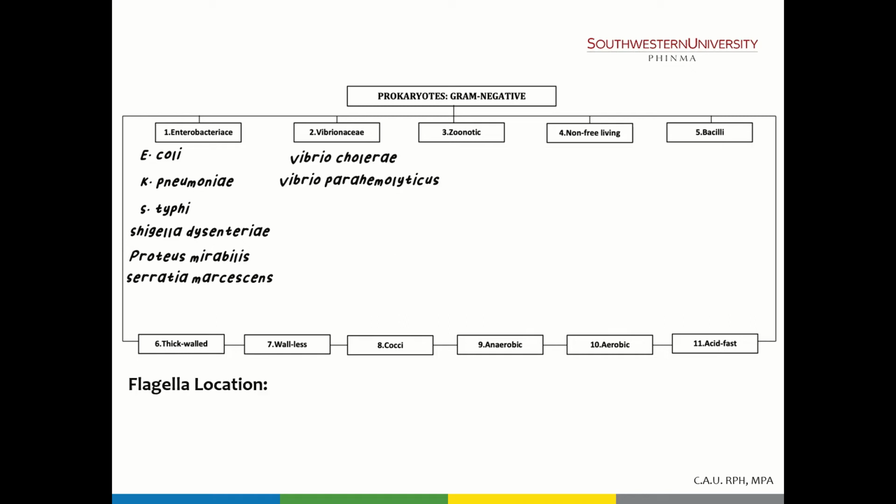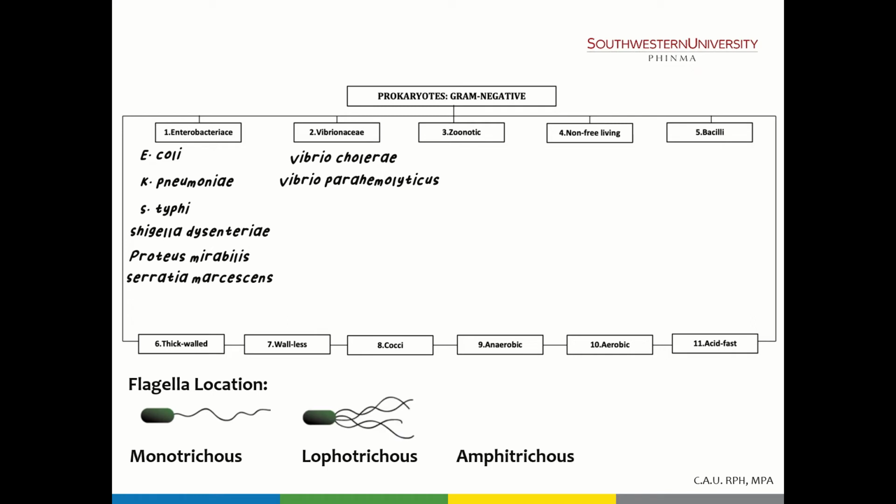The location of flagella has four types. First is monotrichous. From the word mono meaning one, these bacteria will have only one flagellum on their body. Lophotrichous are bacteria that have clustered flagella at one end only. Amphitrichous are those bacteria that have either a cluster like lophotrichous or a single flagellum like monotrichous, but instead of one end only, it has them on both ends.